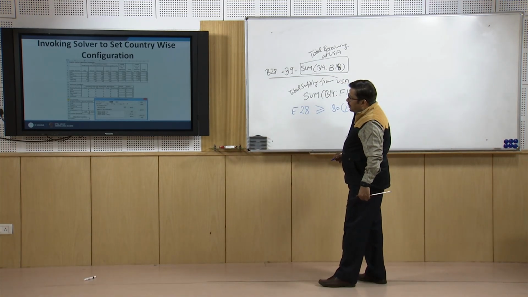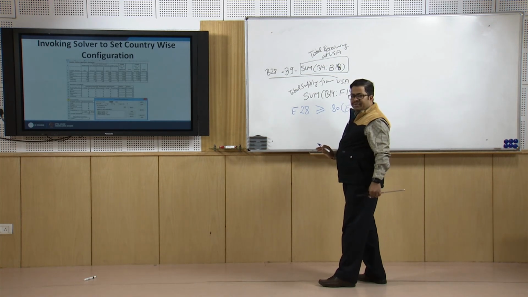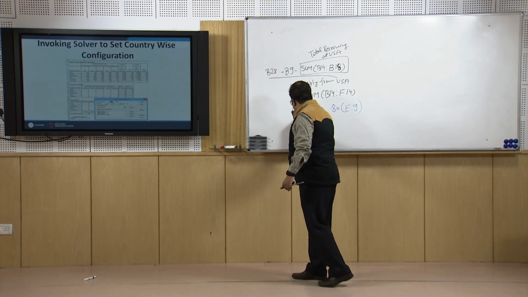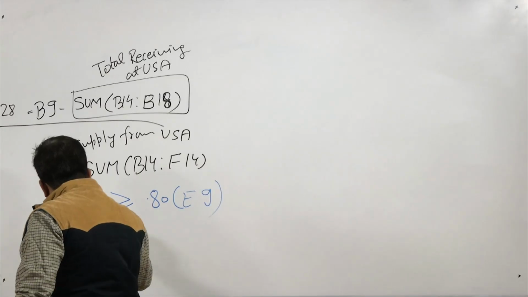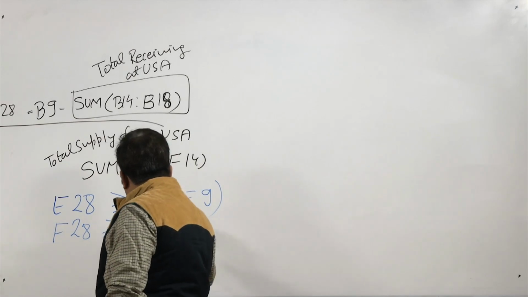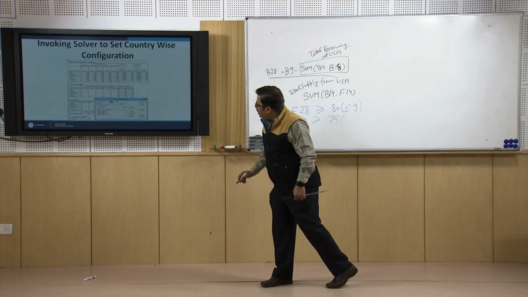Similarly, if I want 70% of Vietnam's demand to be fulfilled, it means F28 should be greater than or equal to 0.75 of F9.